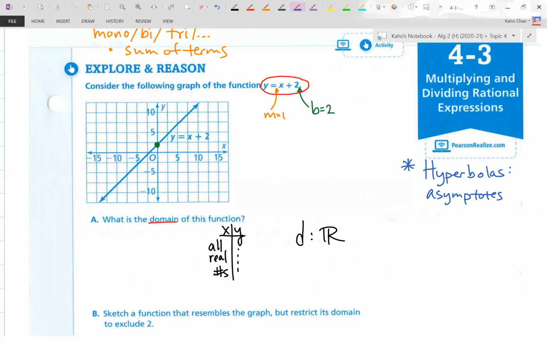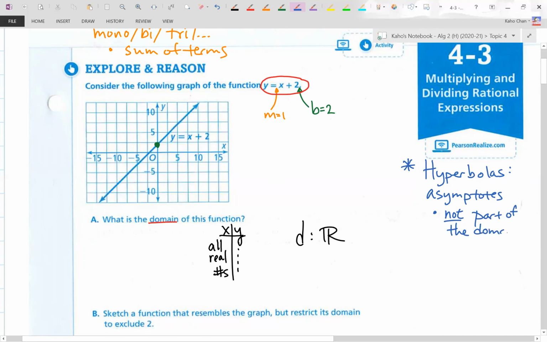And just to keep track of this, we talked about how asymptotes, vertical ones, are not part of the domain. So kind of put that in the back of your mind. They're not part of the domain. And the reason why I bring this up is because this opener involving a linear function, 1x plus 2, doesn't have any asymptotes. All the domain values are possible.